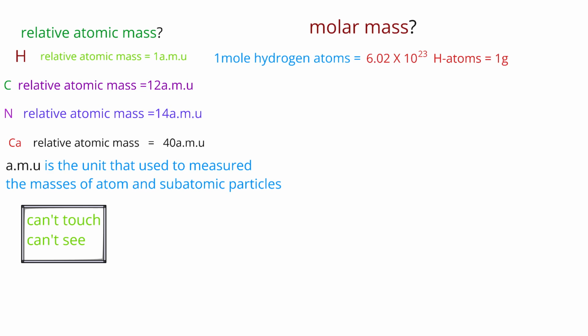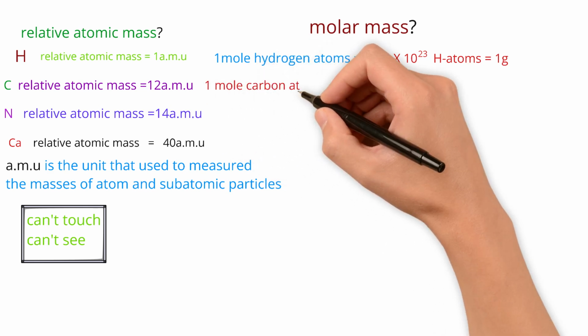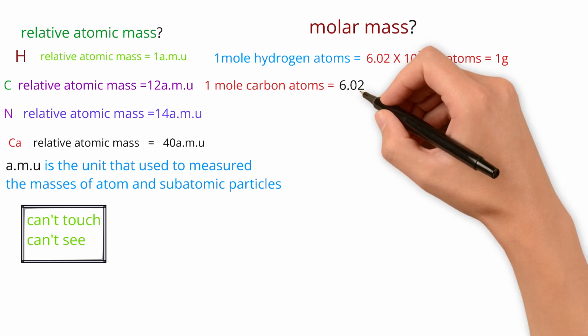Look at the difference carefully. The mass of 6.02 times 10 to the power of 23 hydrogen atoms is 1 gram, but the mass of a single hydrogen atom is 1 atomic mass unit.